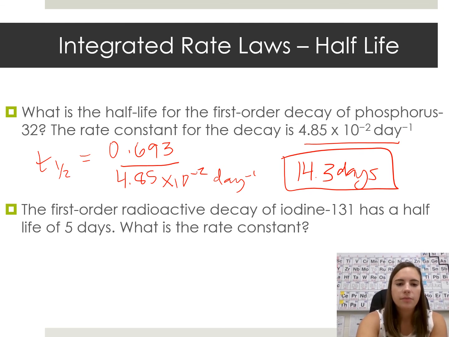Second one: the first order radioactive decay of iodine 131 has a half-life of 5 days. What's the rate constant?